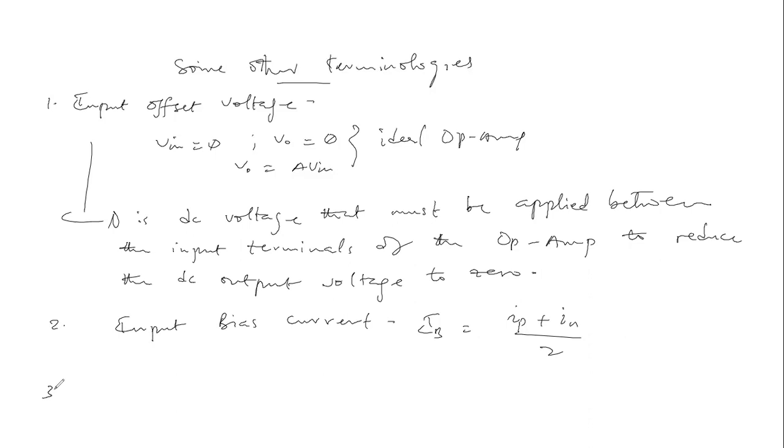And then we also have the input offset current, which is the difference between the non-inverting input and the inverting input currents. So this is a small difference in the bias current from one input to the other of the op-amp. So we can say that the input offset current is the same as the modulus of I sub P minus I sub N.